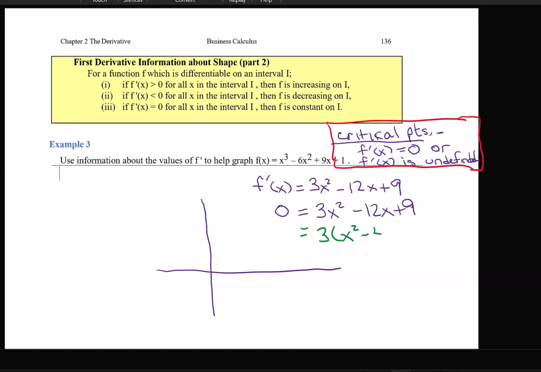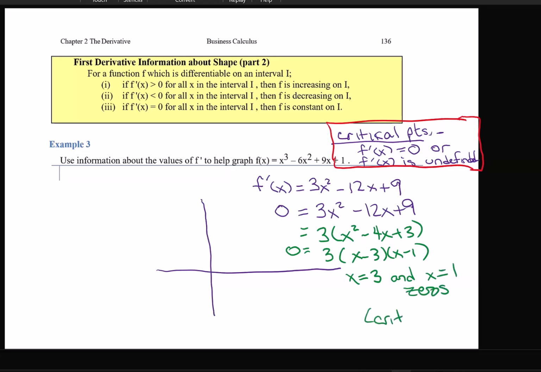We get x squared minus 4x plus 3, which equals 3 times x minus 3 times x minus 1 equals 0. I have a 0 at x equals 3 and x equals 1, which are my critical points. And there's no place where it's undefined.